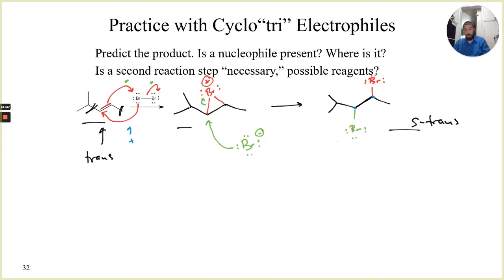But now I do have to worry about where the bromines are located. Are they wedged or are they dashed? Or are they one of each? For that, what I would go back and do is think about that starting material and how this reaction worked. This reaction worked because there were p orbitals coming in and out of the plane.